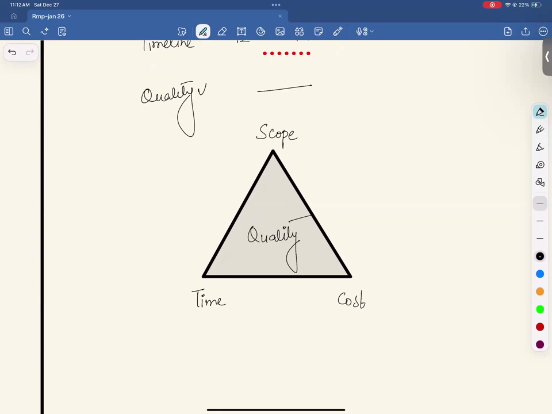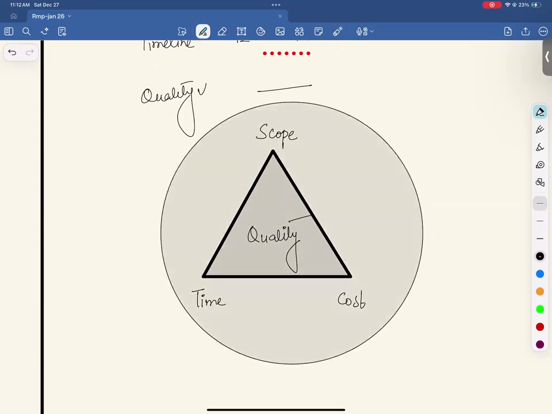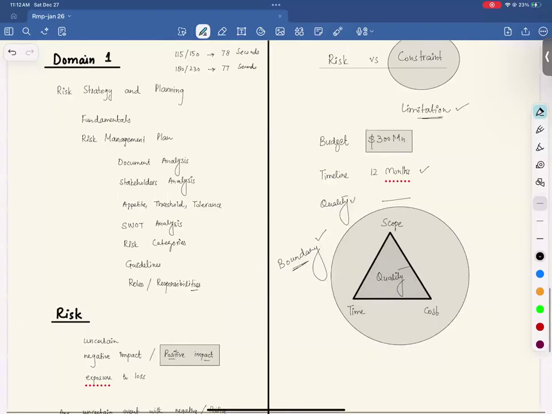So you can change scope, time, and cost, but quality will remain constant. So these are your triple constraints of project management. So constraints are your limitations, the boundary within which you have to play.